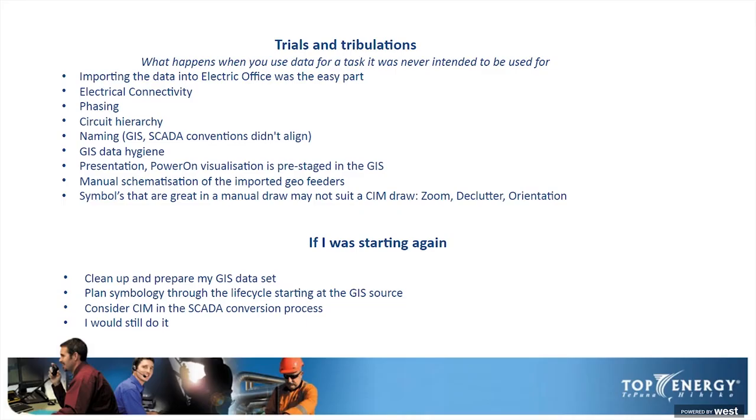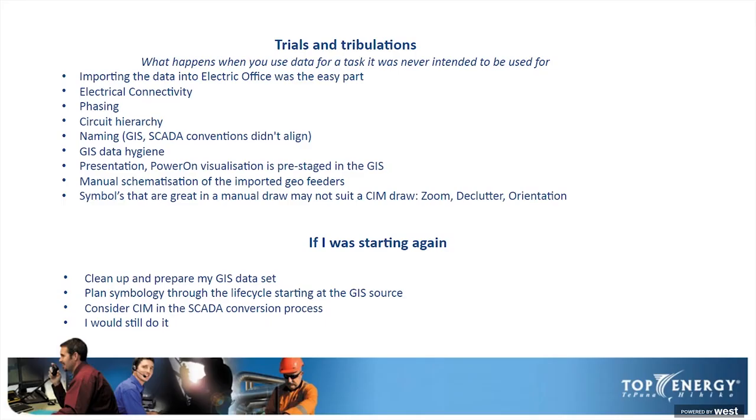None of this is a showstopper, but it is a lot of work and challenging. It's taking longer than expected and causing me to feel older than I felt. So if I was starting this again, I'd start with a clean GIS data set. I now have a better idea about what that means, and certainly the GE staff I've been working with now have a far greater understanding of what clean GIS data might look like.